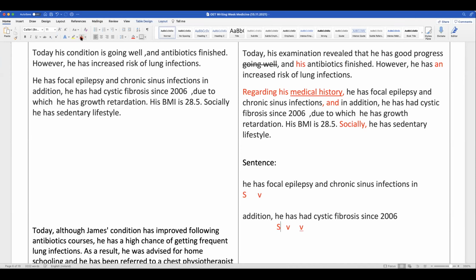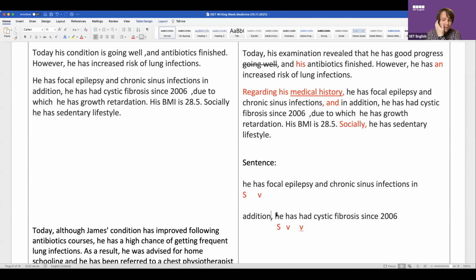Okay, so if I'm joining two clauses together, what do I need? Linking word, right? And no, in addition is not a linking word. What we need is a conjunction. What's a conjunction?